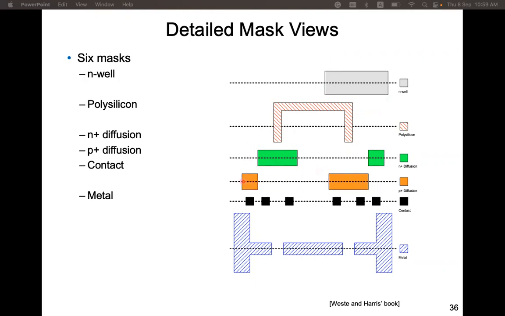Sorry, this is P+ diffusion into the substrate, and this is N+ diffusion into the N-well contact and the N-type transistor's source and drain. And this is the PMOS source and drain, and then this is the contact to the semiconductor diffusion regions. And this is the metal layer.